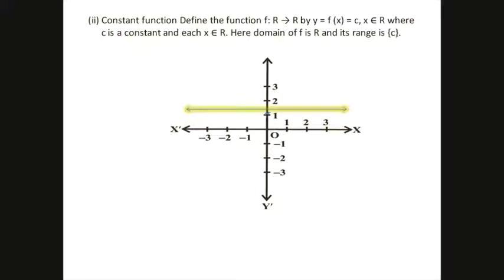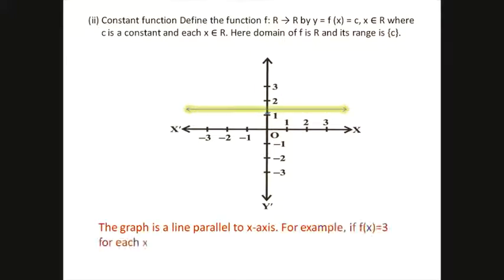This is the graph of y = f(x) = 1.5 or 3/2. We can also draw the graph for any line parallel to the x-axis. For example, f(x) = 3. When f(x) = 3, it will definitely pass through the point (0, 3) on the y-axis.